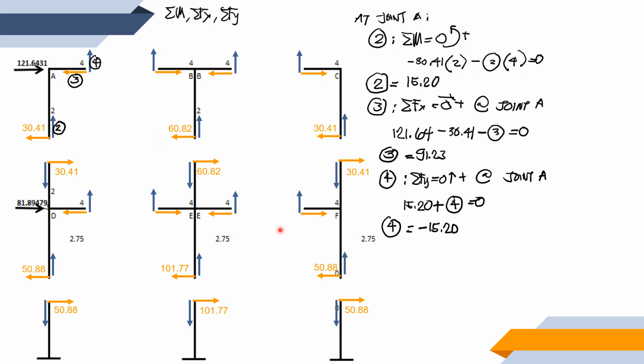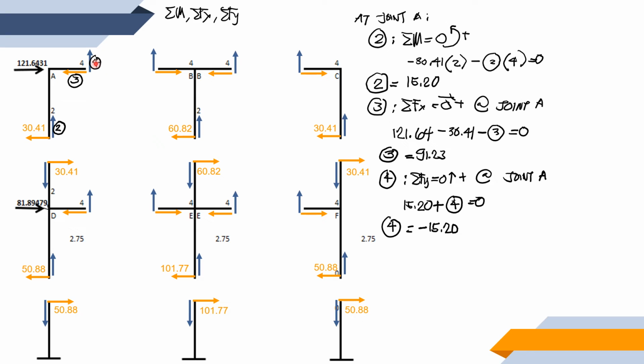We just have to carry the negative sign so that the computation will just be the same. We will retain the direction of the arrow, but we have to use the negative value. So these are the forces that are acting at joint A.